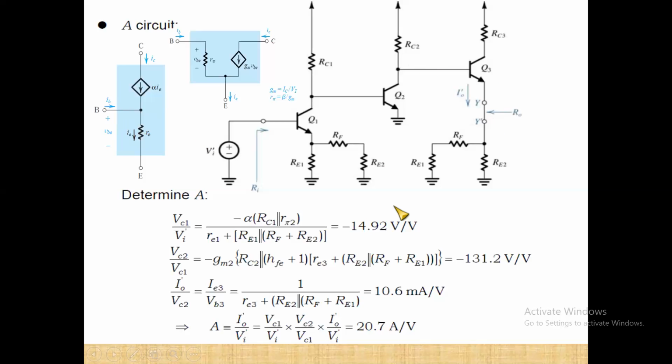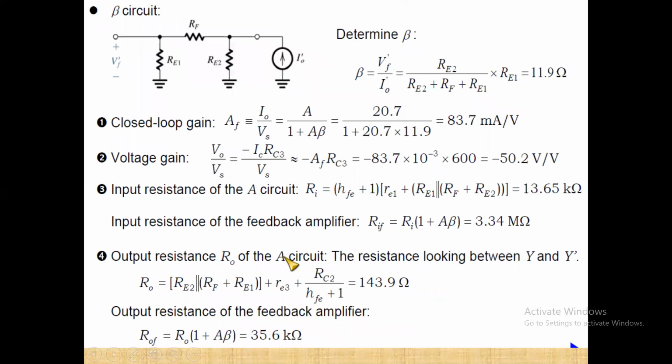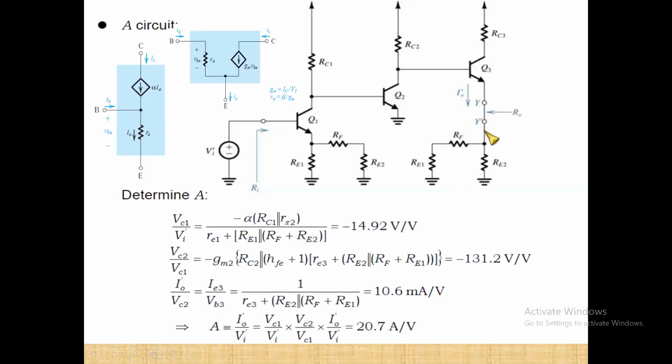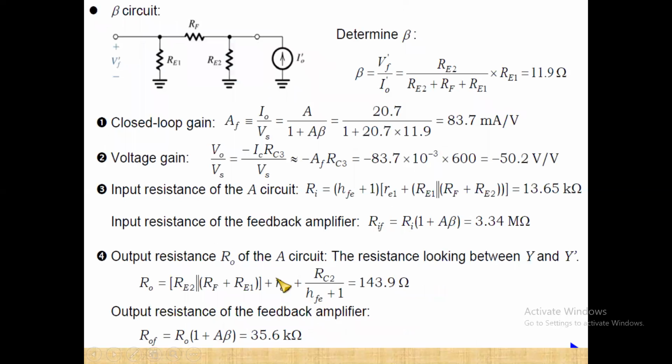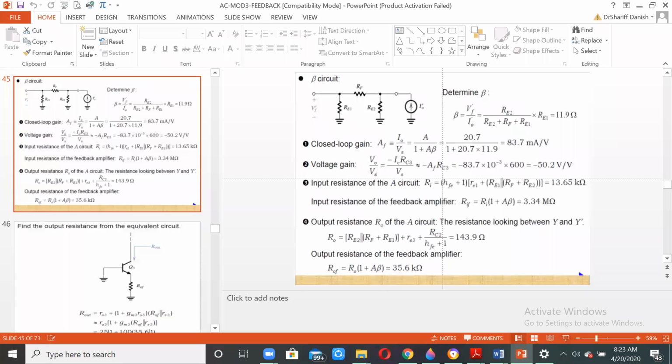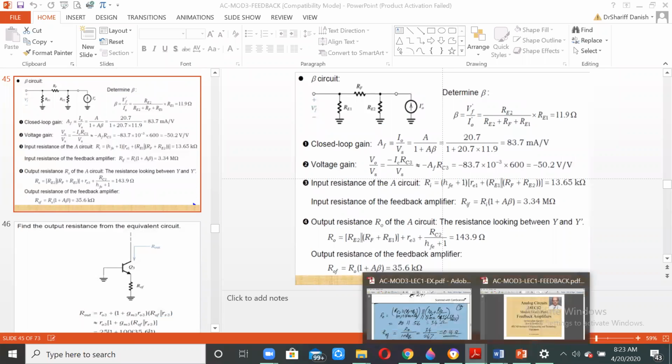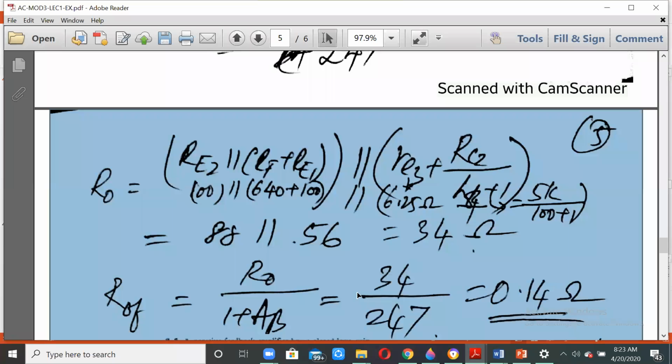So therefore, the quantity here, which is there, will come in parallel with. Now, because we are taking out the output at this point, we will have this quantity in parallel with this quantity. So in the numerical going back, we'll see that the value of RE2 in parallel with RF plus RE1 in parallel with RA2 plus RC2 by HFE plus 1.